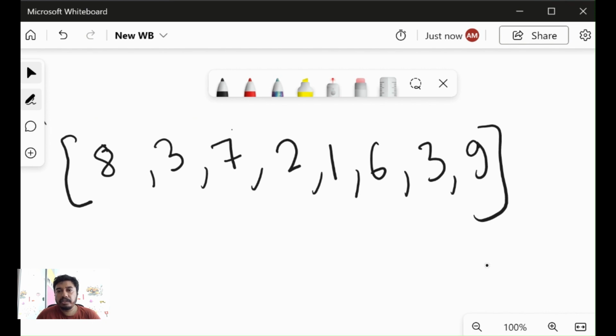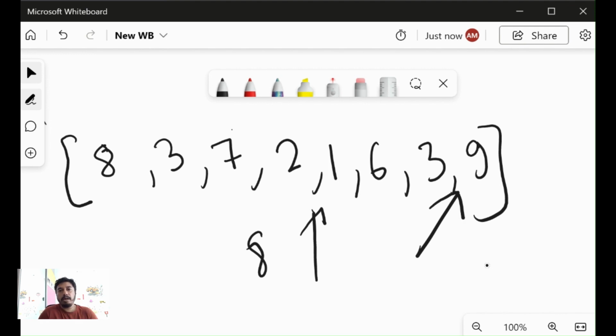I want to find the maximum profit that I can make by buying and selling the stock only once within this time frame. As you can see, the maximum profit that I can make is 8 units. Why? Because if I buy at 1 and sell at 9, then I'm making the maximum profit of 8. So this is how I'm going to make the maximum profit.